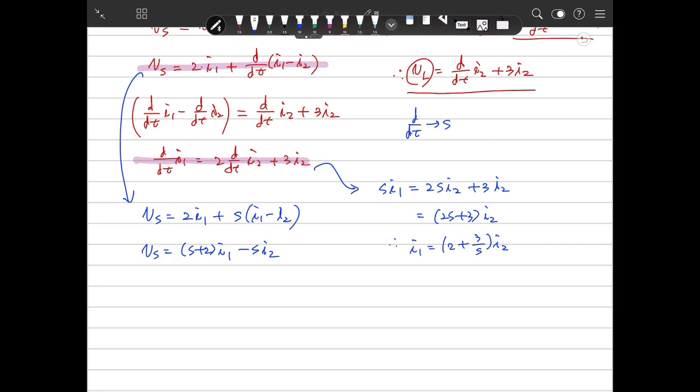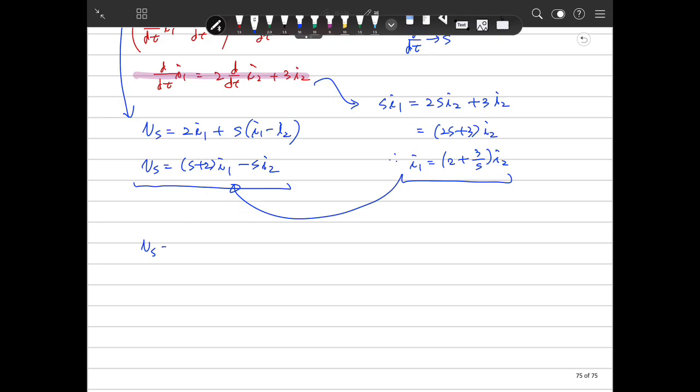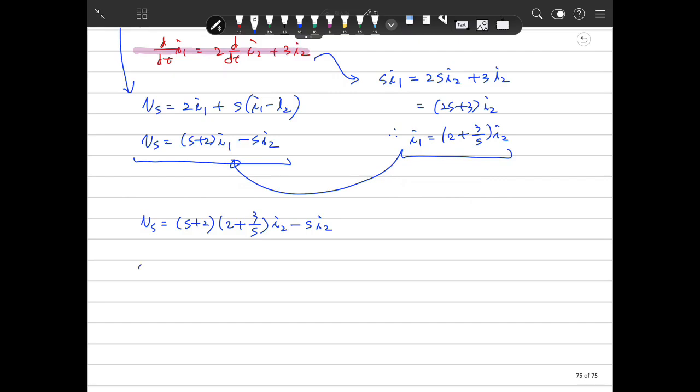Then, for the second differential equation, we should combine the two differential equations here. So adding here, right away, then Vs will be (S plus 2)(2 plus 3/S) I2 minus S I2 here.